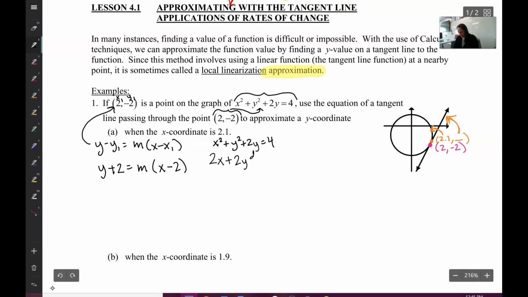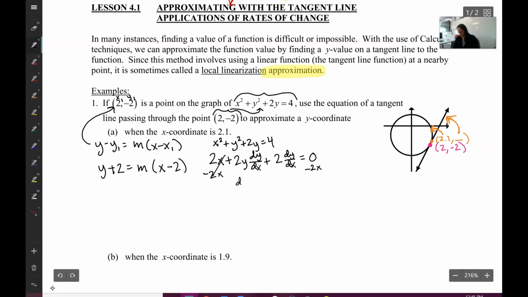So I've got 2x plus 2y dy/dx, because that's the derivative of y squared, plus 2 dy/dx, because that's the derivative of 2y, equals 0, because the derivative of 4 is 0. So let's start to solve for dy/dx. Actually, let's start to shorten some things.